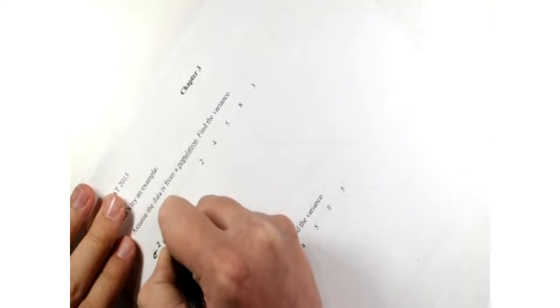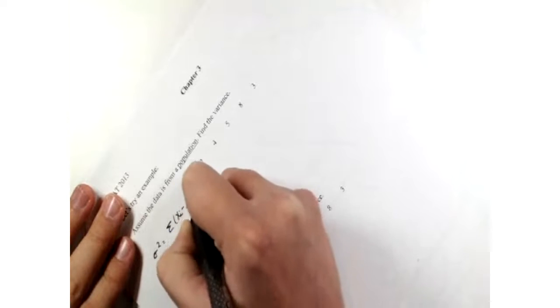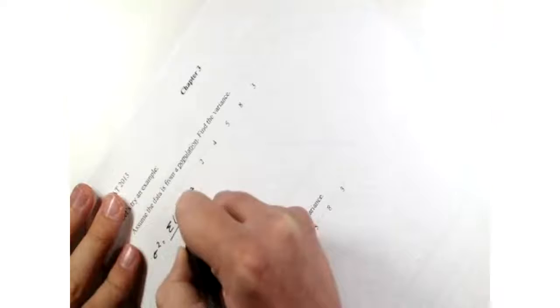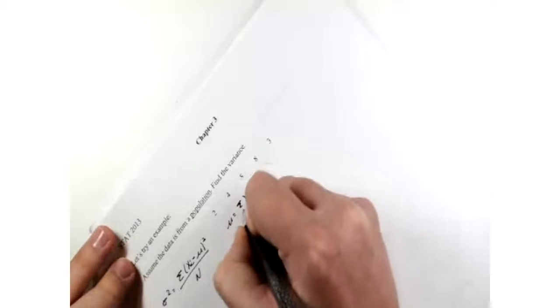So remember the population variance, sigma squared, is equal to the sum of xi minus mu squared over n. So what we want to find is mu. So mu is equal to the sum of the xi's over n, where n is the population size.